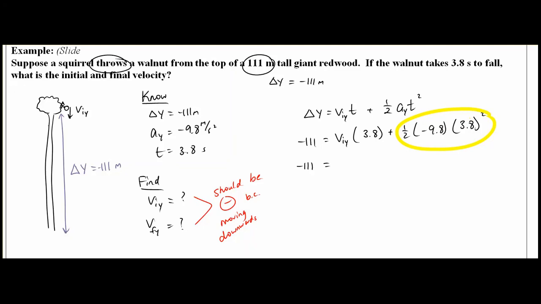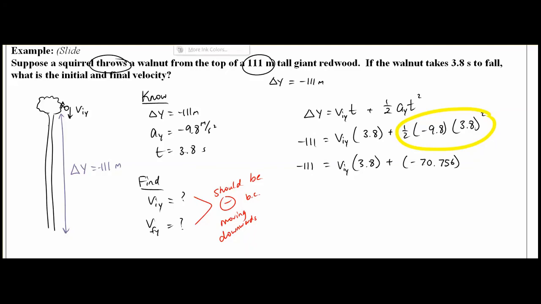Okay? So I'm going to keep this as the initial y times 3.8, and when I multiply out 1/2 times negative 9.8 times 3.8 squared, I get something like negative 70.756. Okay?